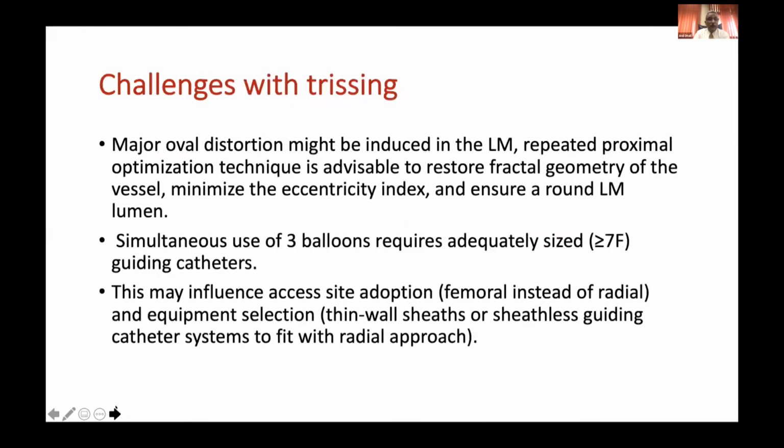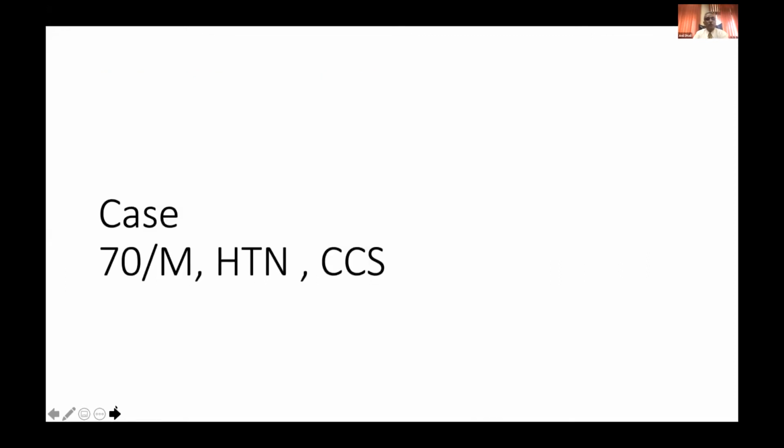And you may actually need to do trissing to avoid a major oval distortion. And you may need to have a repeated proximal optimization to restore fractal geometry. And you may need to use 3 balloons simultaneously. And this may influence the access site which we may choose. So let's go through a few quick cases because the time is limited.